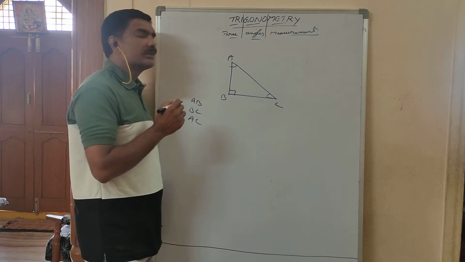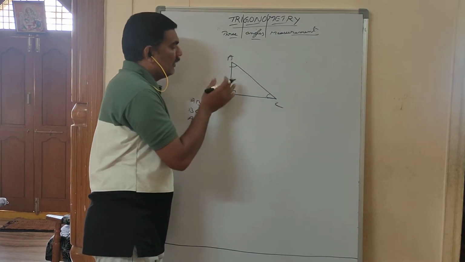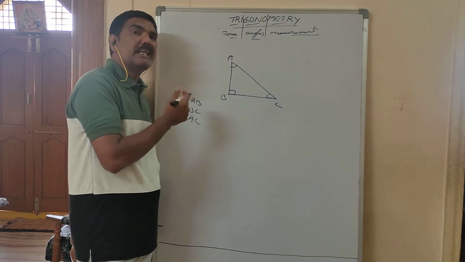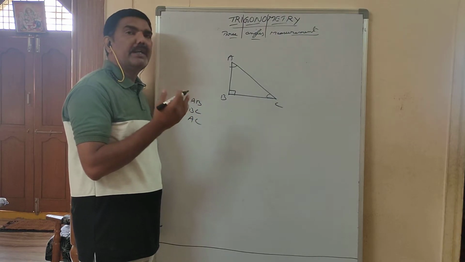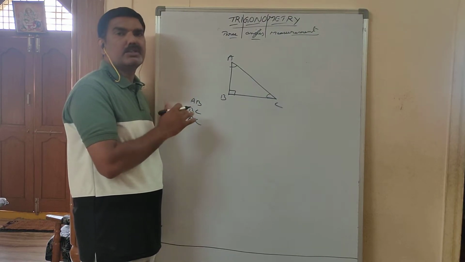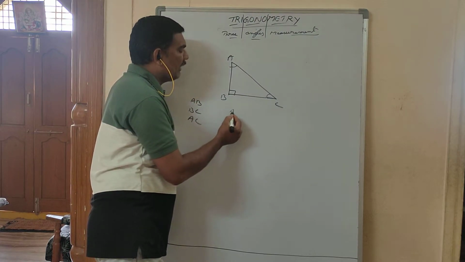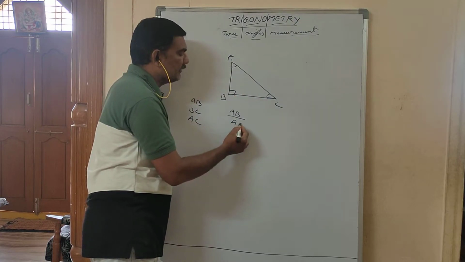Okay. Now what you have to do is this. Here they said ratios between sides of a triangle. They defined into 6 trigonometric ratios. Means, see here, I can write ratio of AB by AC.